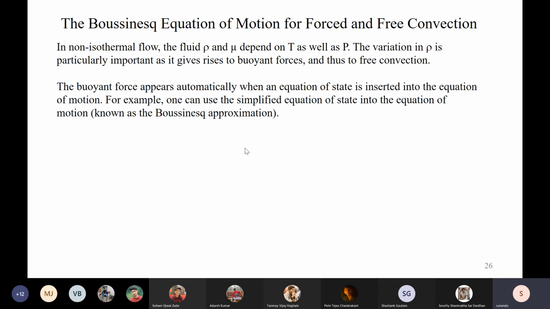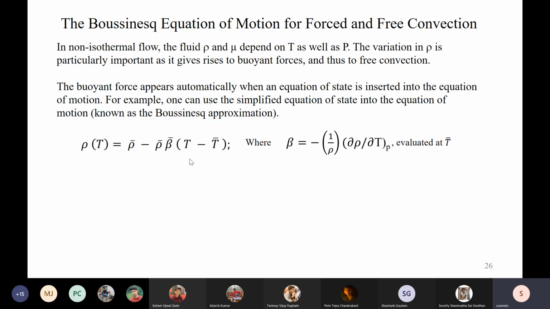Now we would like to quantify that as much as possible, and with some approximation. The buoyant force is essentially a body force, so it must appear automatically in any equation which is similar to the Navier-Stokes equation. So what can be done is one can use the equation of state and insert it into the equation of motion. For example, this form of variation of density as a function of temperature can be substituted into the Navier-Stokes equation.